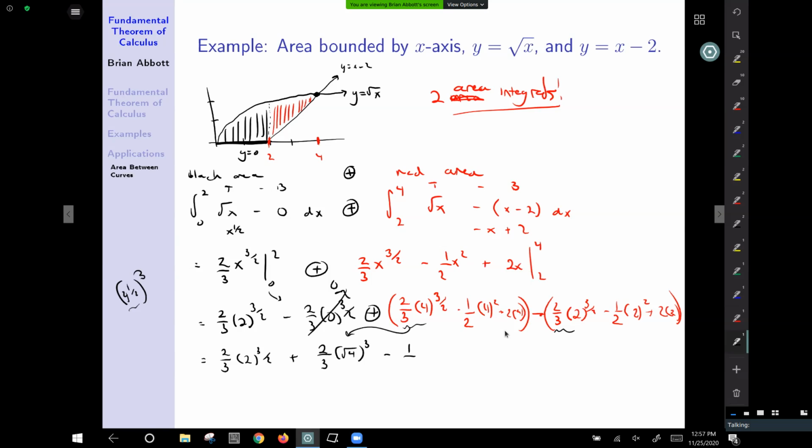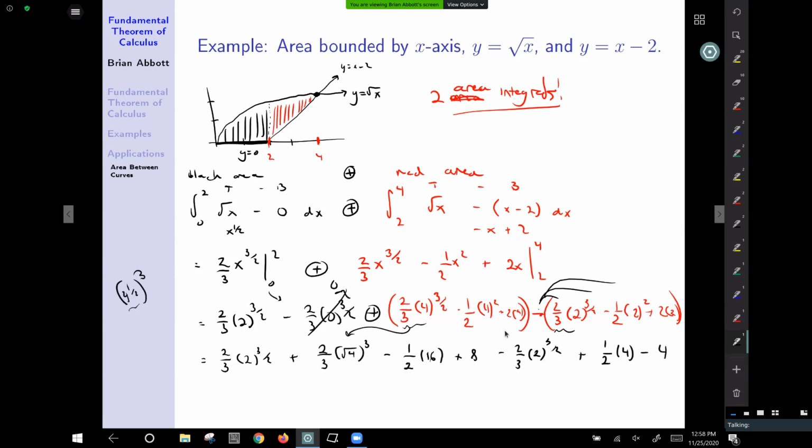Minus 1/2 times 4 times 4 is 16, and we'll just reduce that later, plus 2 times 4 is 8. Now we're going to start distributing that minus sign. So minus 2/3 times 2 to the 3/2 power. Negative times negative is positive, 1/2 times 4. Plus, remember to distribute your negative. Negative times positive is negative. 2 times 2 is 4.